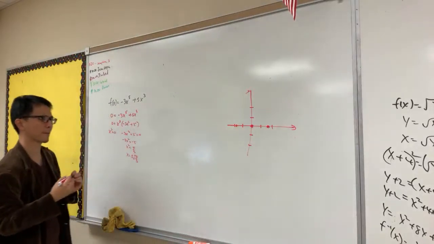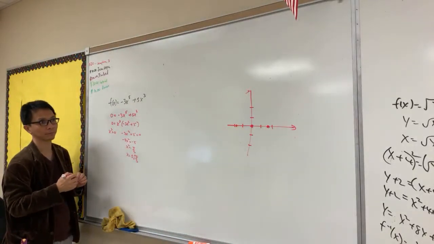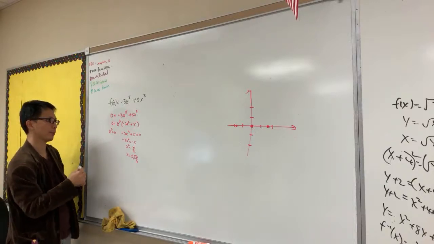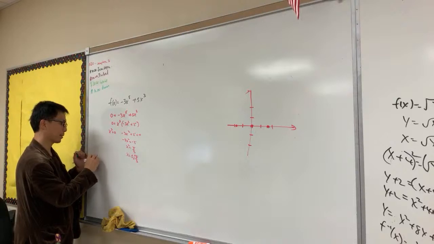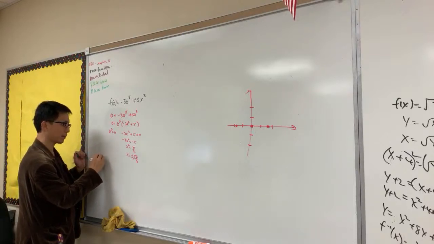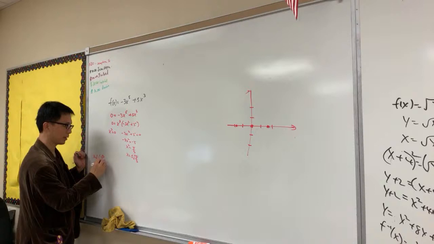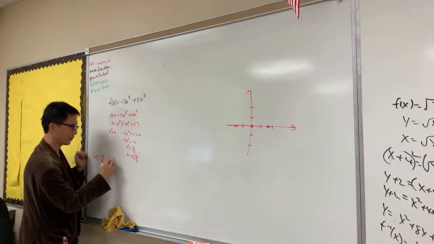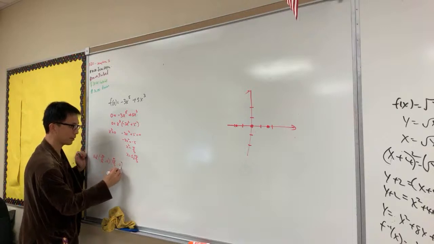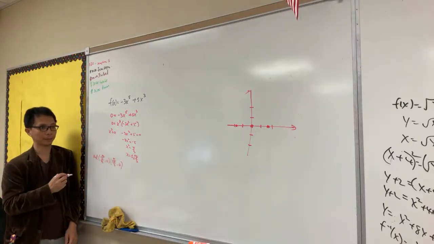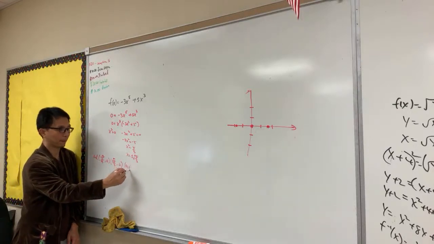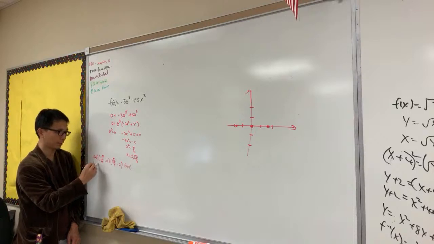Does that make sense? The x-intercept and y-intercept are exactly identical: the x-intercepts are negative square root of 5 over 3, comma 0, and the positive square root of 5 over 3, comma 0. And what else? 0, 0. The y-intercept is 0, 0.